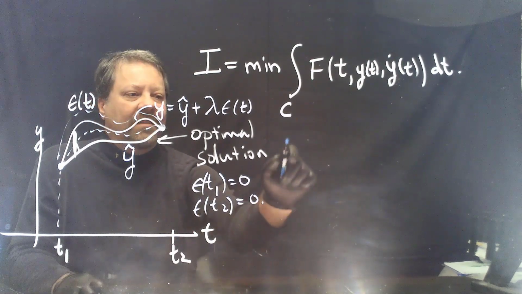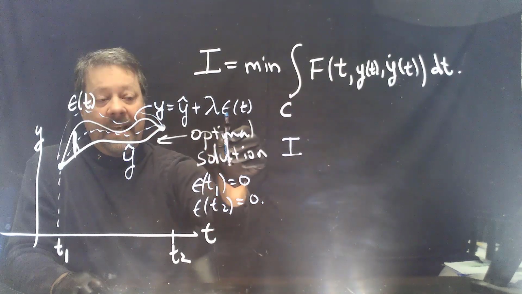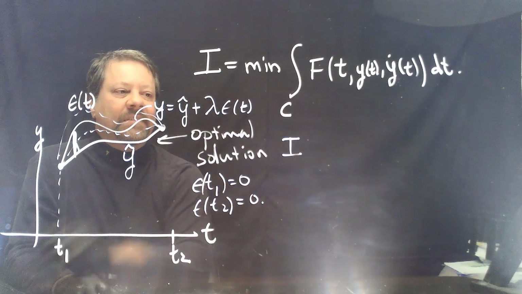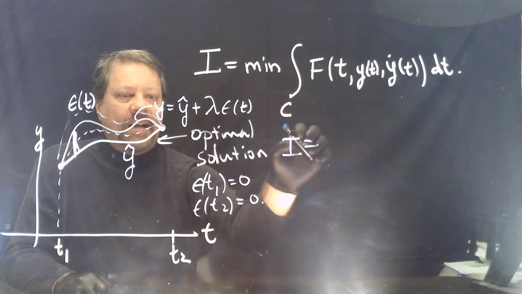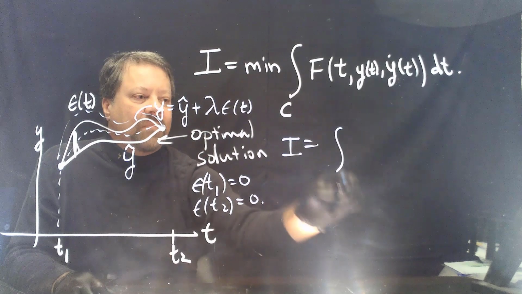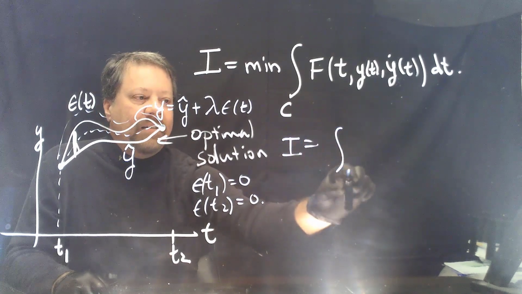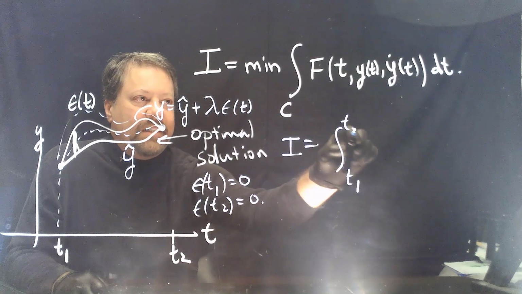Now, I will depend upon the epsilon and the lambda. We're going to have this less than optimal I, and since we're integrating on this particular path y, this will go from t1 to t2.